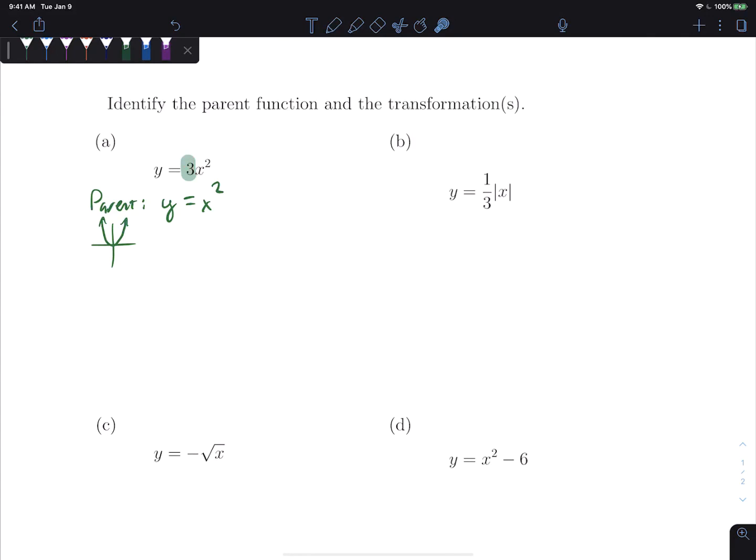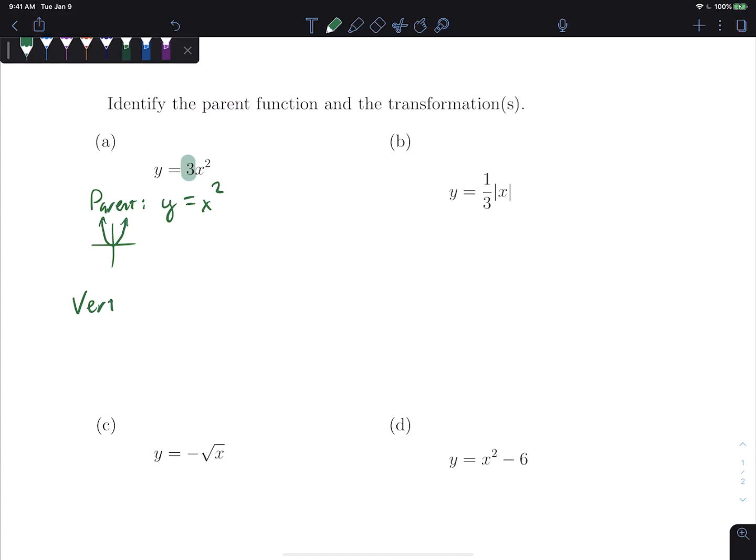This 3 is not in a parentheses with the x, and it would be different if there was a parentheses around the 3x. Instead, the 3 is on the outside of a parentheses, where technically the base is just the x there. So this is going to be a vertical transformation of some sort.